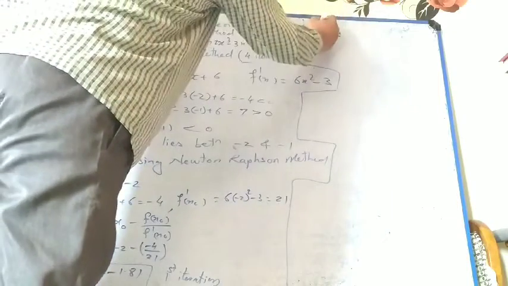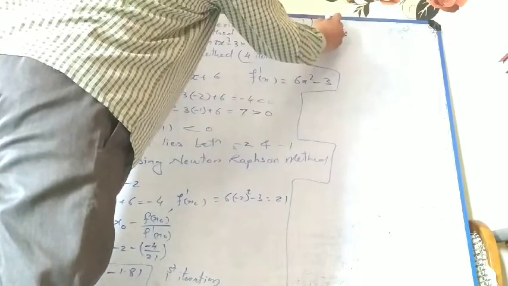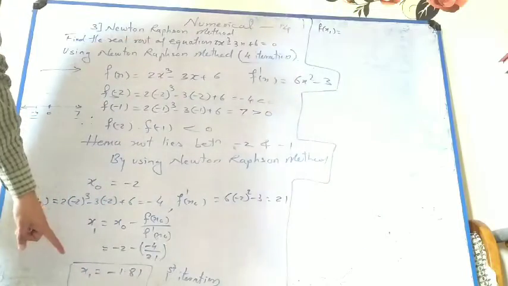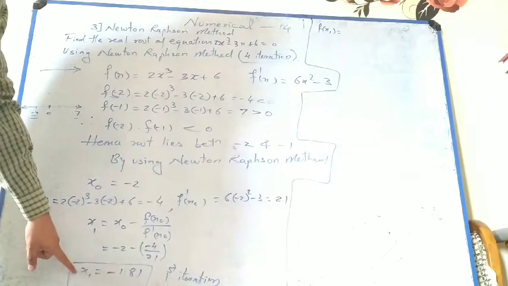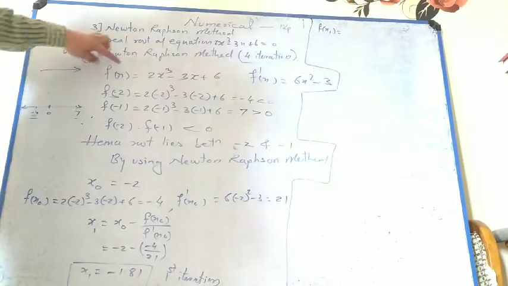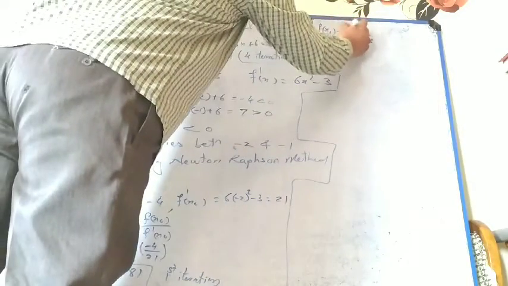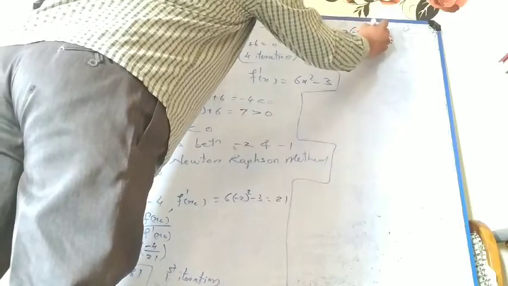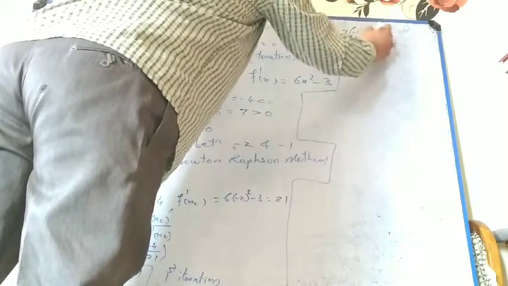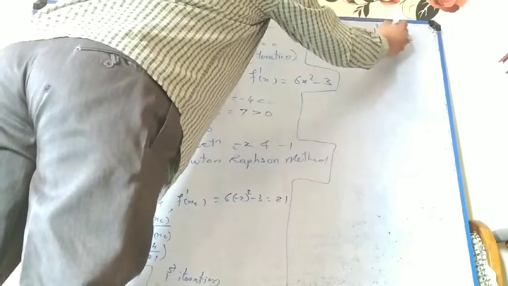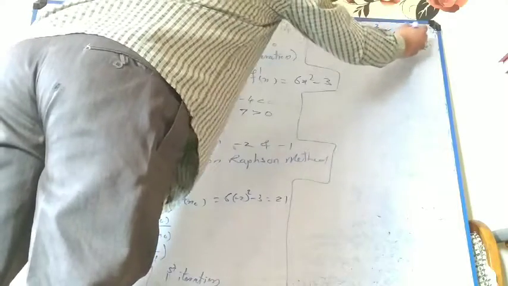Let us start here. Again, to find the second iteration, you start with f of x1. Wherever x is there, you substitute -1.81. So 2 times (-1.81) cubed minus 3 times (-1.81) plus 6.